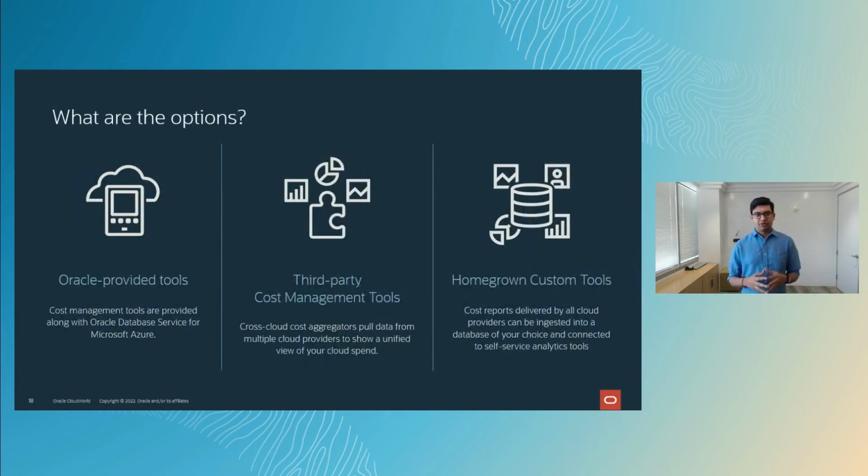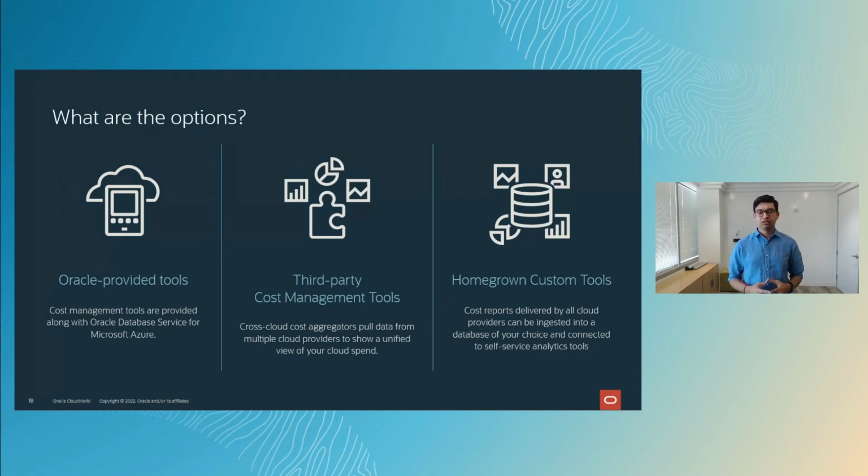We have three options here. So one is Oracle provided tools. I'll talk about this in a little bit, but we have tools that help you understand costs without leaving cloud providers, for example. Next, you have third-party cost management tools.